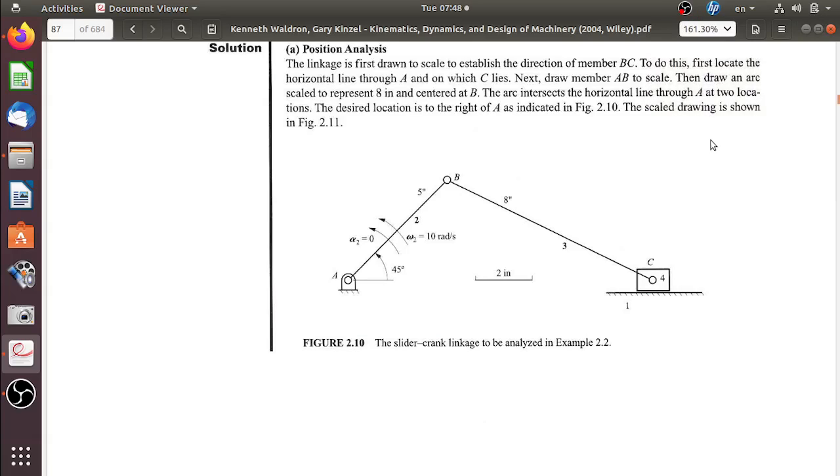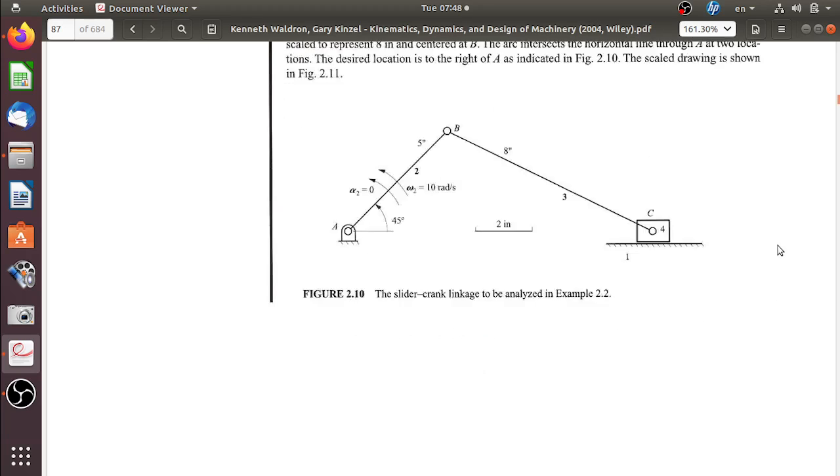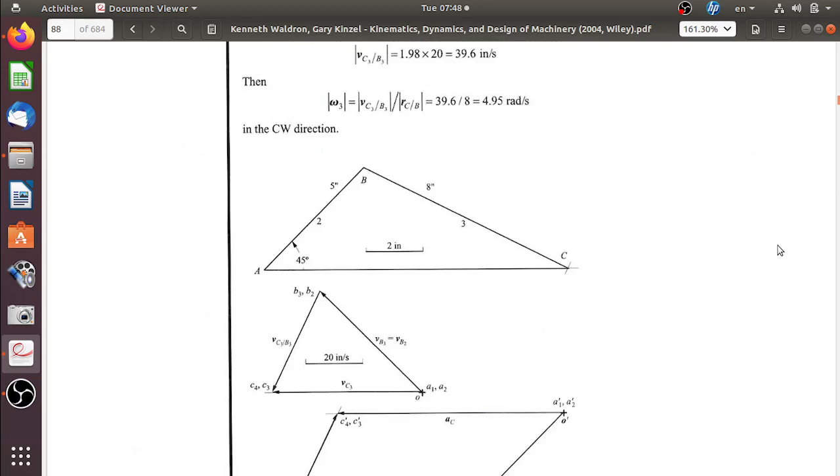In this video, we are going to discuss how to construct an acceleration diagram for this slider crank mechanism. In the earlier video, we discussed how to construct a velocity diagram. Once we construct the velocity diagram, we know the velocity of each point in each link, and also the angular velocity of each link.